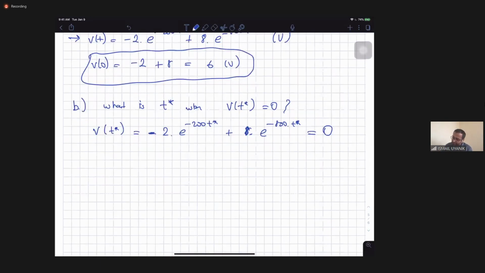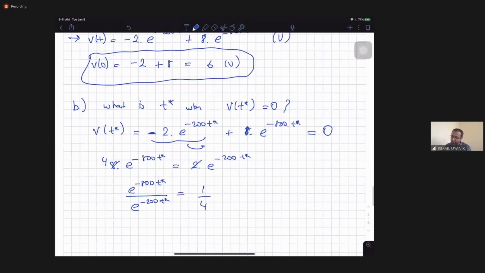Here I can take this to the right-hand side. So that will be 8 times e to the minus 800 t star is equal to minus 2 times e to the minus 200 t star. And then that will be just 4. If I divide both sides by e to the minus 200 t star, that will be 1 over 4.